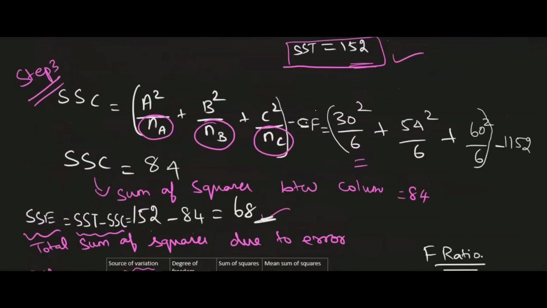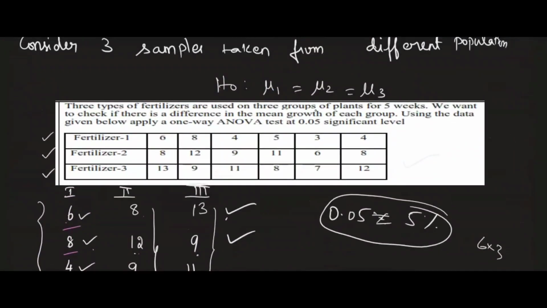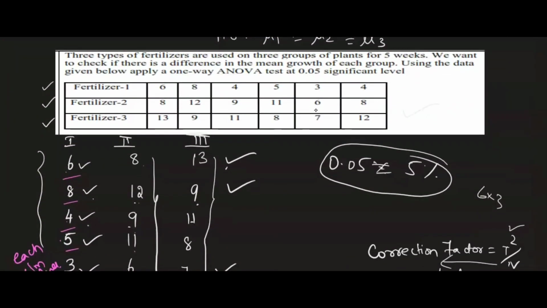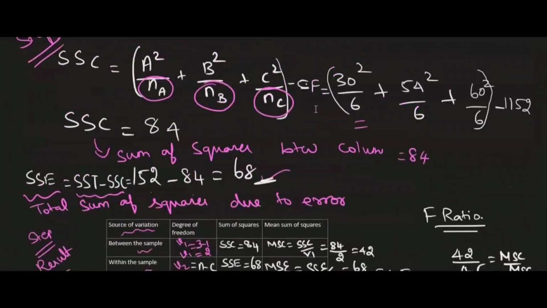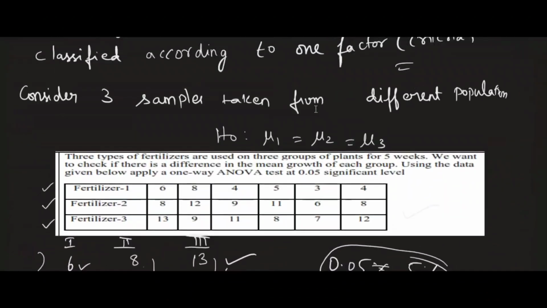So what do we conclude? Your question is to apply one-way ANOVA, and they are asking whether there is a difference in the mean growth of each group. First I assumed there is no difference, correct? Your null hypothesis is no difference. That is why I am saying that all means are equal.